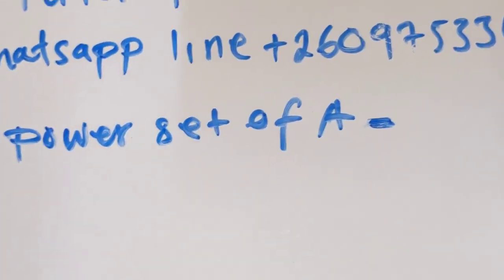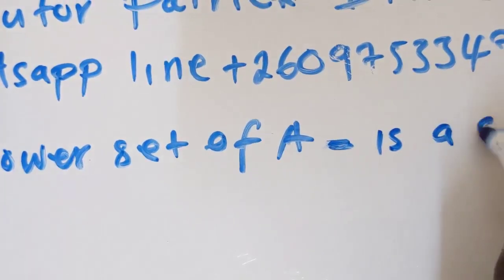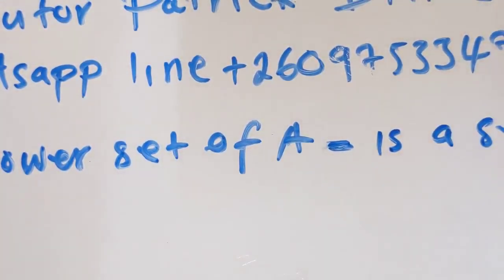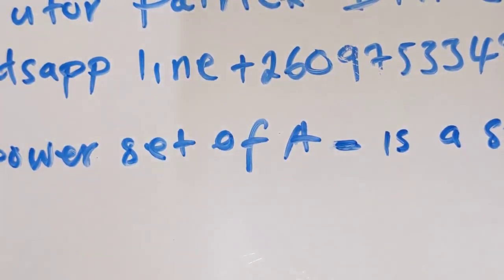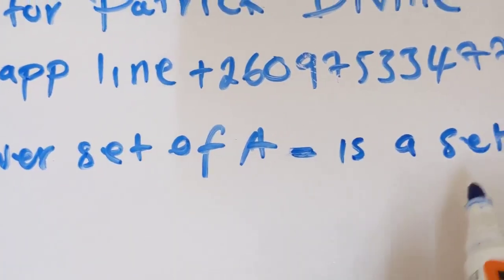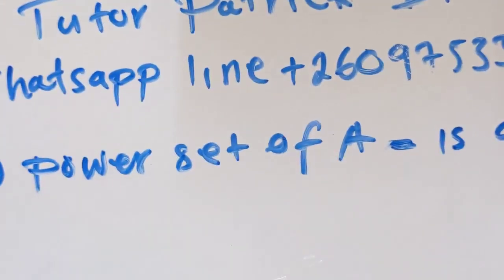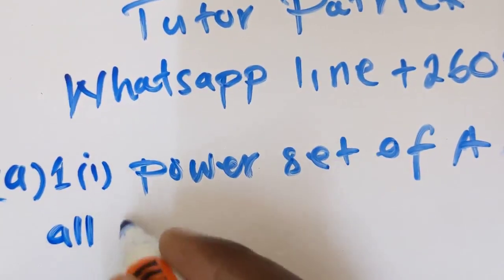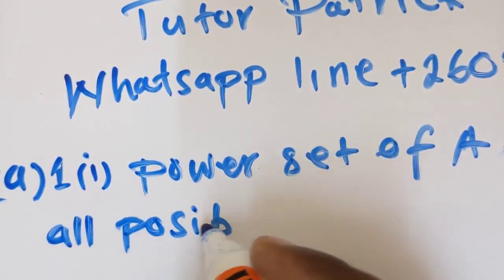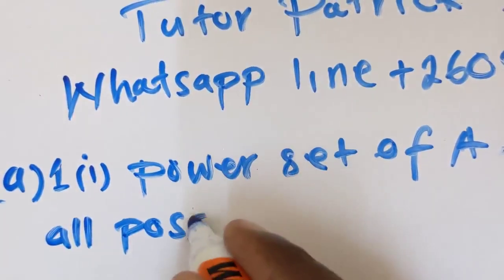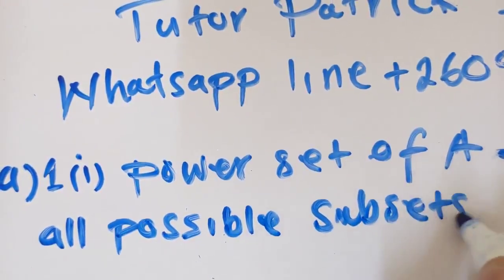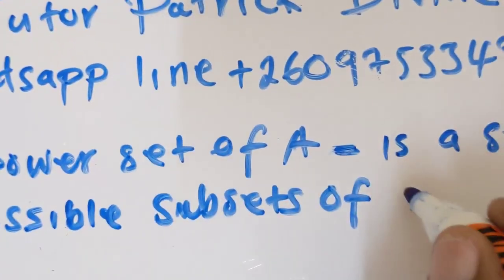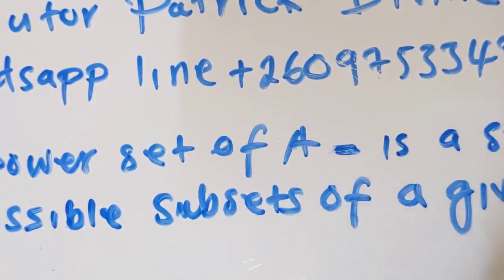So how do you define a power set? A power set is a set of all possible subsets of a given set.